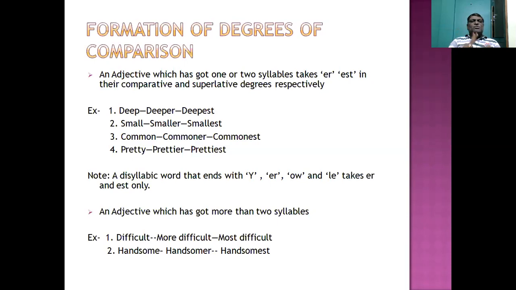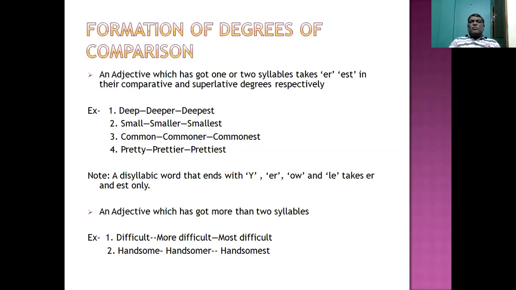There are two syllables, so common is a disyllabic word. Common, commoner, commonest. Similarly, pretty, prettier, prettiest. So an adjective that has one or two syllables will take er, est in their comparative and superlative forms.